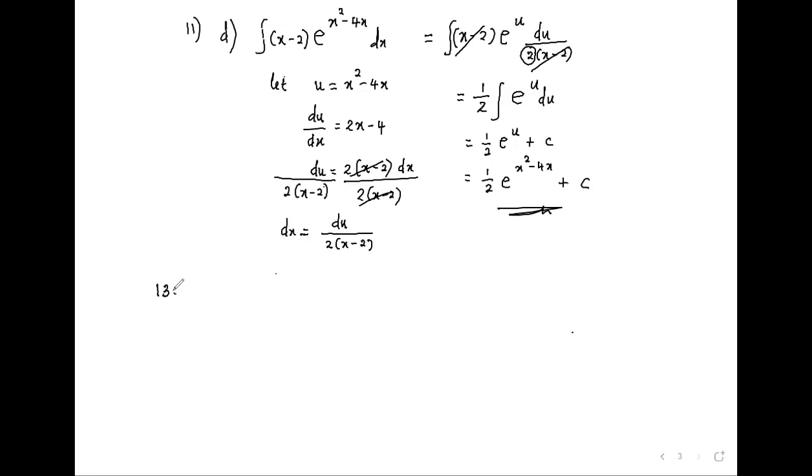I'll skip the by parts part and go straight to the definite integral. If you're asked to integrate from 0 to 1, I'll just pick something that is not complicated to demonstrate the method. So let's say x squared plus 3 dx.